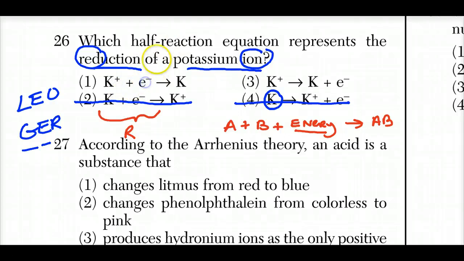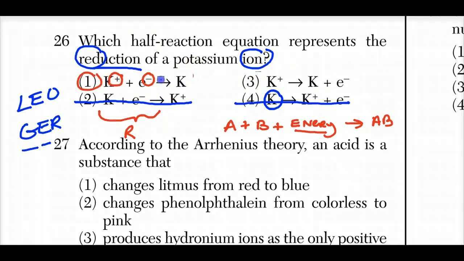Just because it's there doesn't mean it's right. We have to make sure mass and charge are conserved. Here's a positive one. Here's a negative one. The total on the reactant side should be 0, as should the product side, and it's true. This is K0, it's standalone. So the charge works, the mass works. Number 1 is the answer.